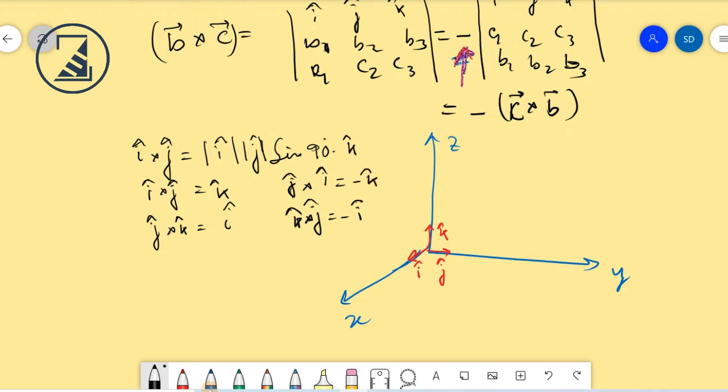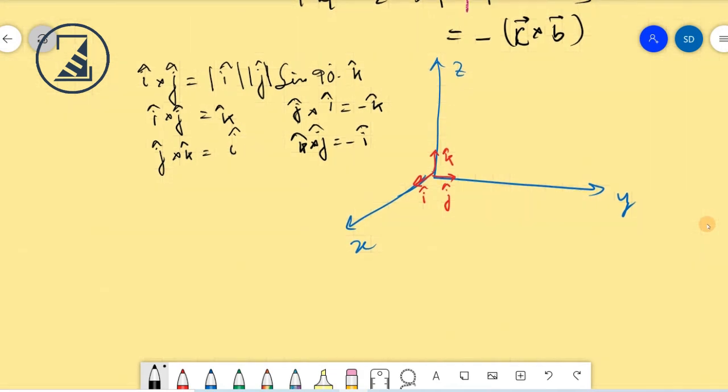Now to do this, there is a nice and simple trick. We draw i, j, and k and draw arrows like this.